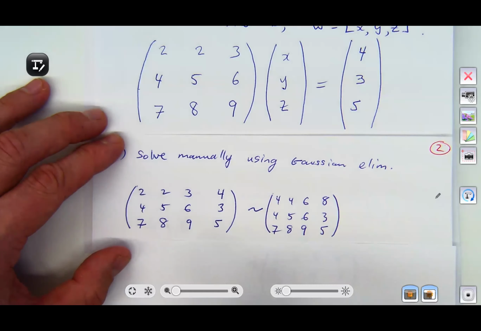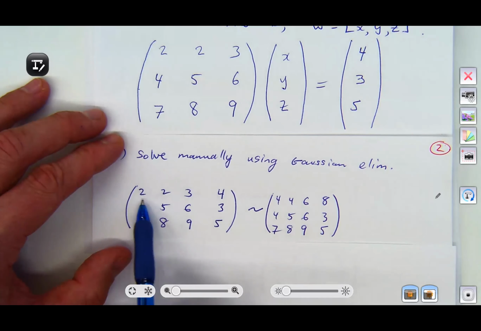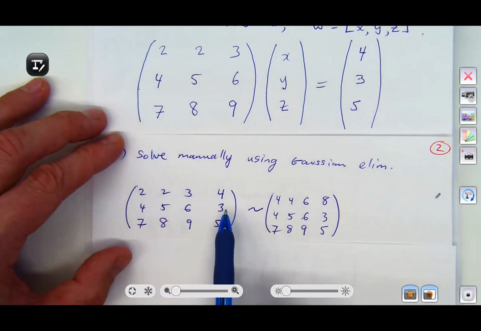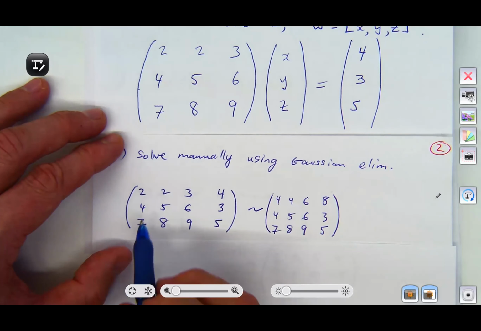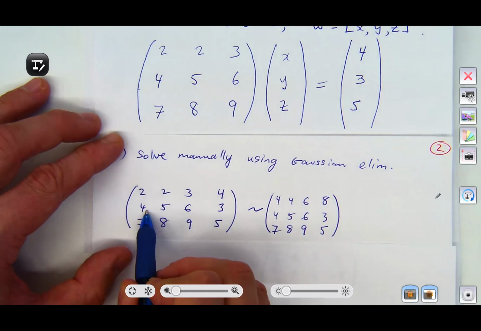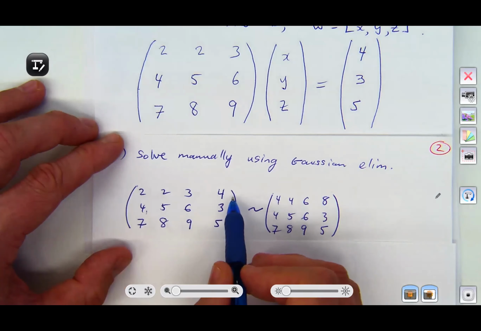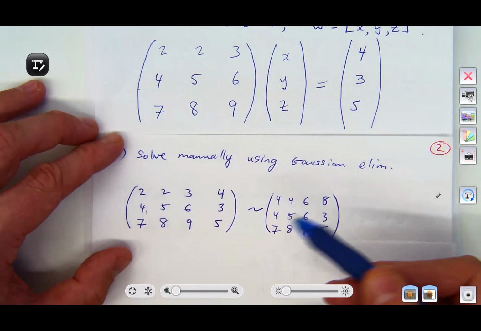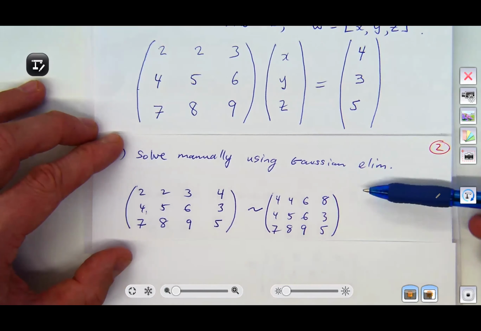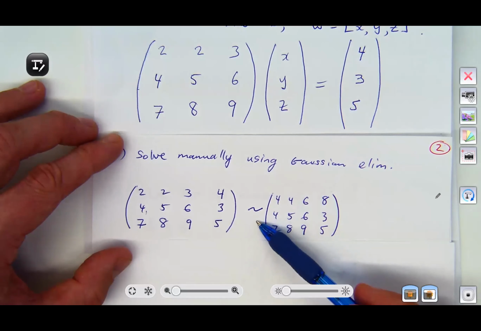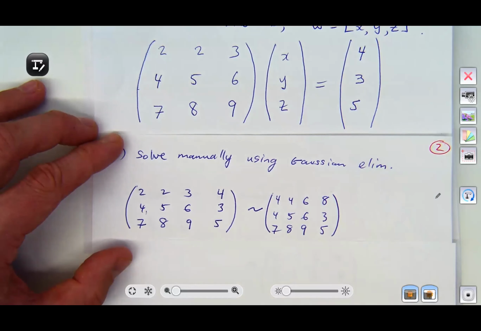Okay, but as I was saying, I like to keep integers in there. So what I'm doing first is multiplying the top row by 2, because I want to get a 4 in the top left entry so that I can get rid of this 4 by subtracting. I want to make that 4 a 0, right? So I multiply this one by 2, and then later I'm going to subtract, because you see here, we separate this by a tilde, incidentally, to mean that I performed a row operation on that to get this one.